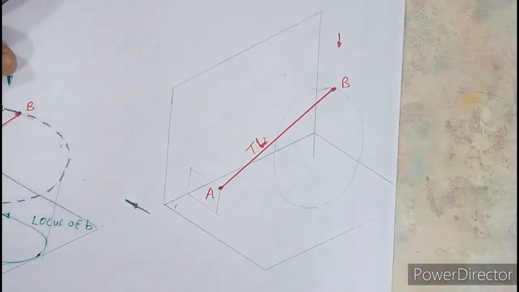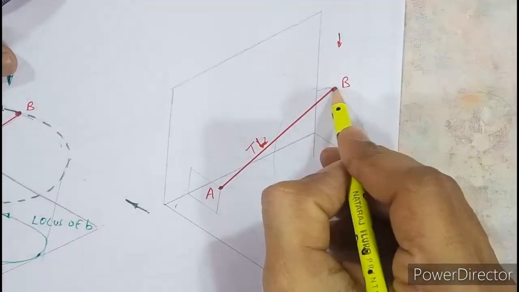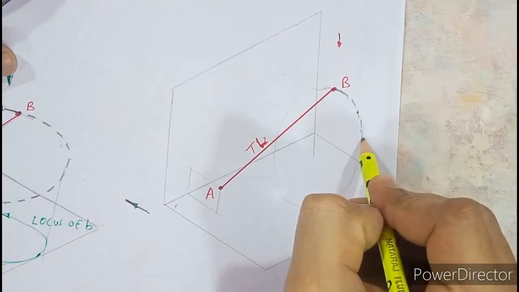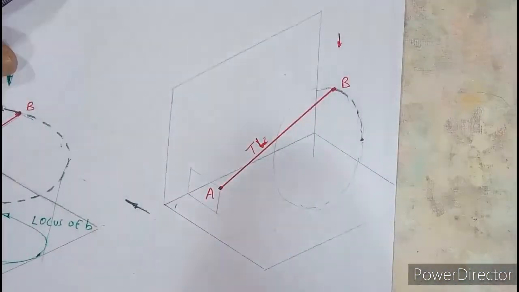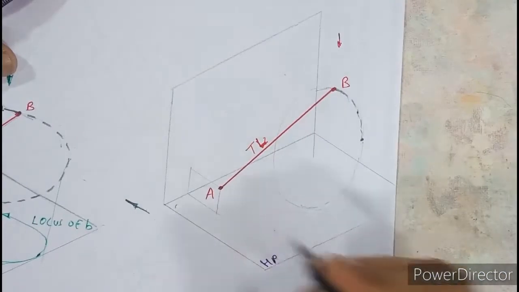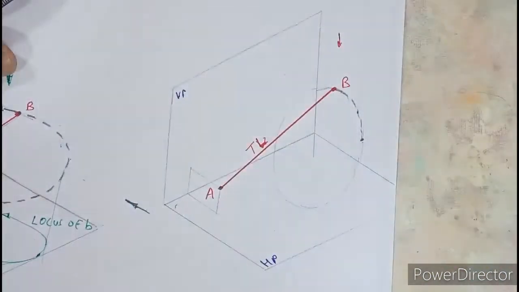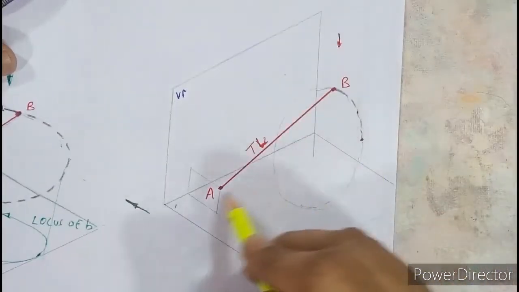As we have discussed, if you want to see the true length from the top view, what you have to do is rotate this point B until this line AB becomes parallel with what? HP. So this is our HP and this is our VP. So you need to rotate this point B until the line becomes parallel with HP.